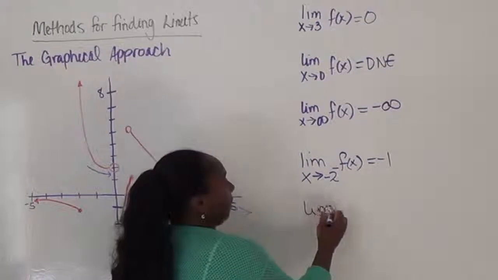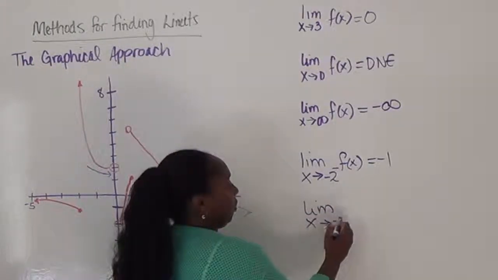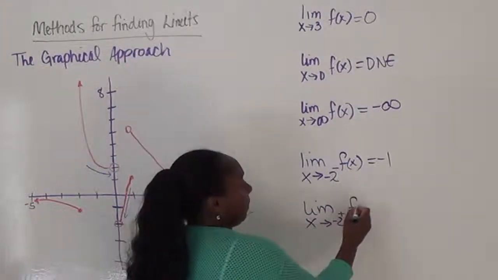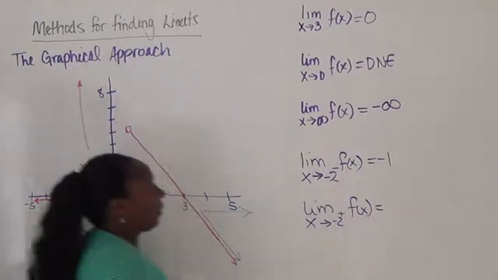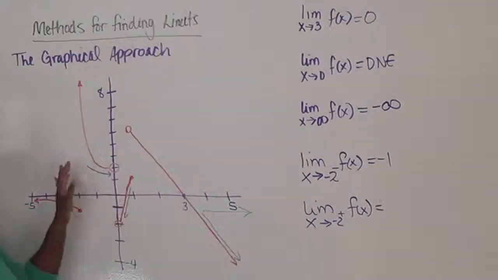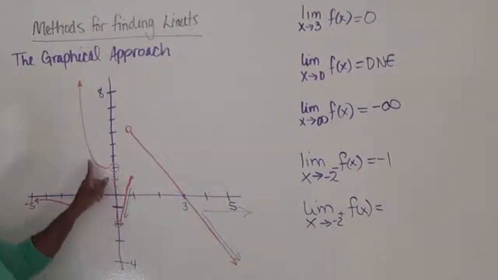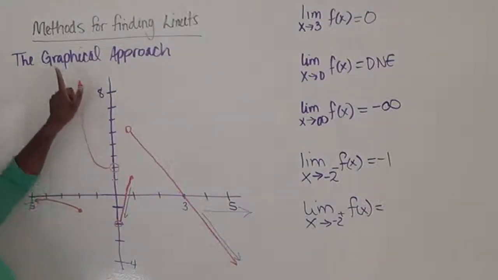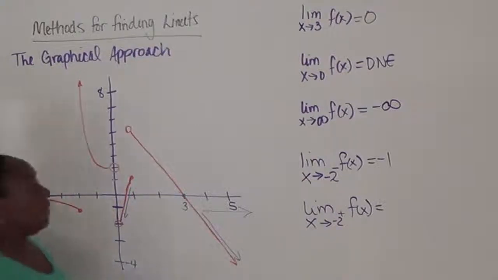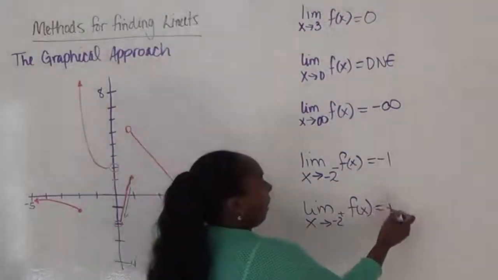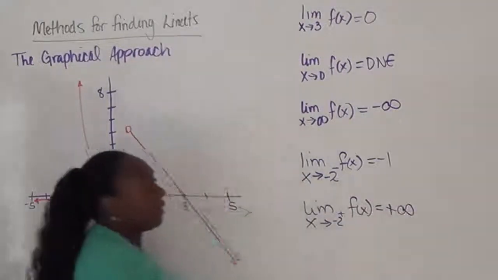If we look at the limit as x goes to -2 from the right, well, coming in from the right side, our function value towards -2 is just going to keep increasing. And so here we would say that that limit is +infinity.